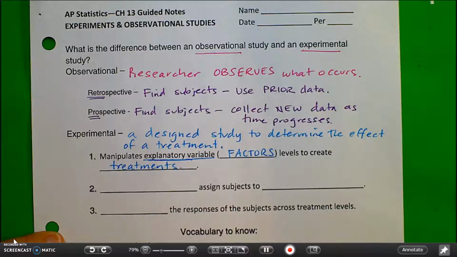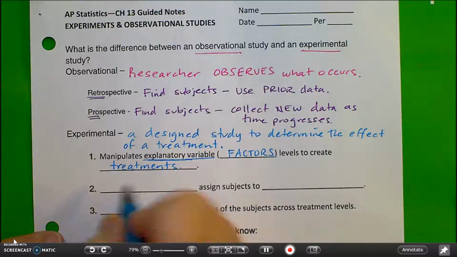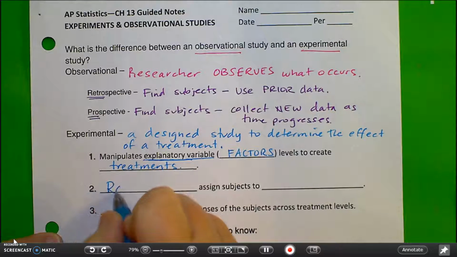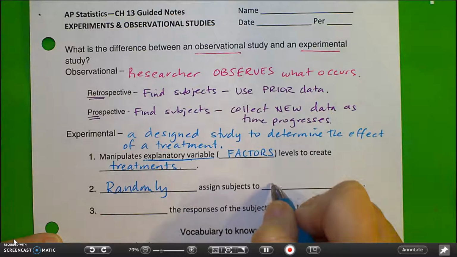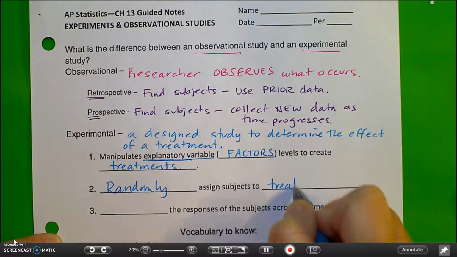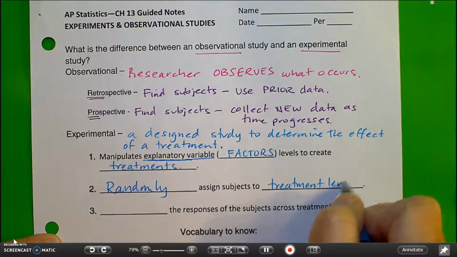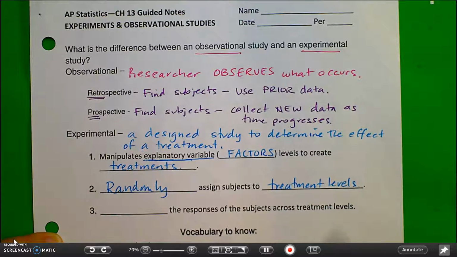The second part: you randomly assign subjects to different treatments or treatment levels. So you want to use randomization. It's very important. You take every subject or person in the study, and you assign them a different amount of treatment.